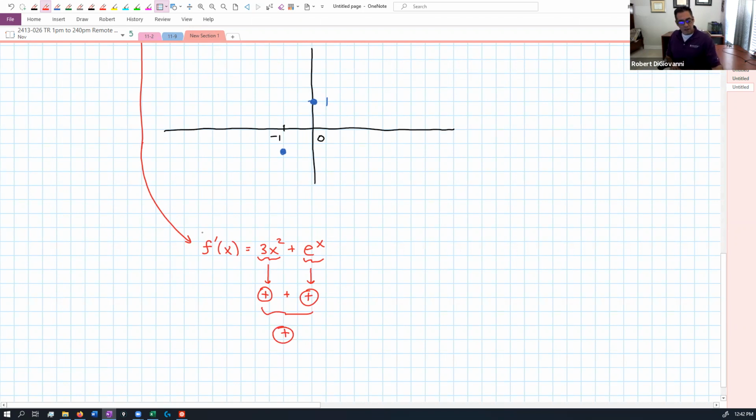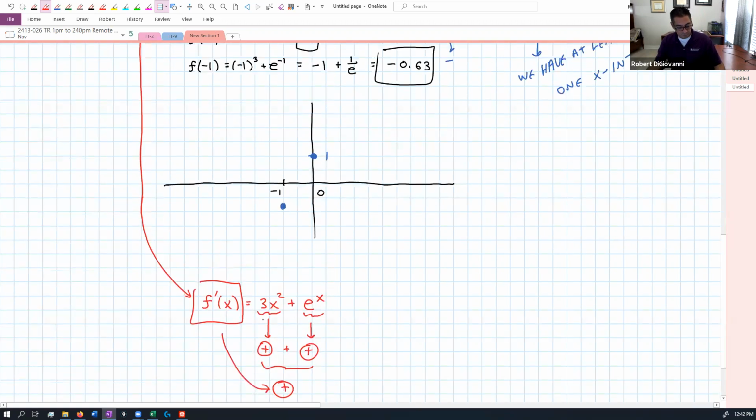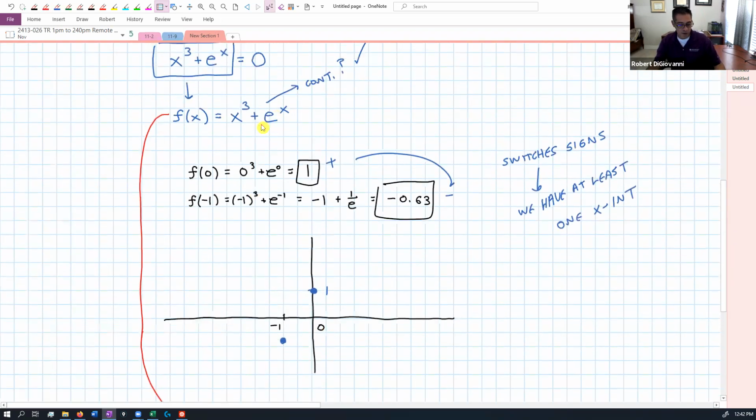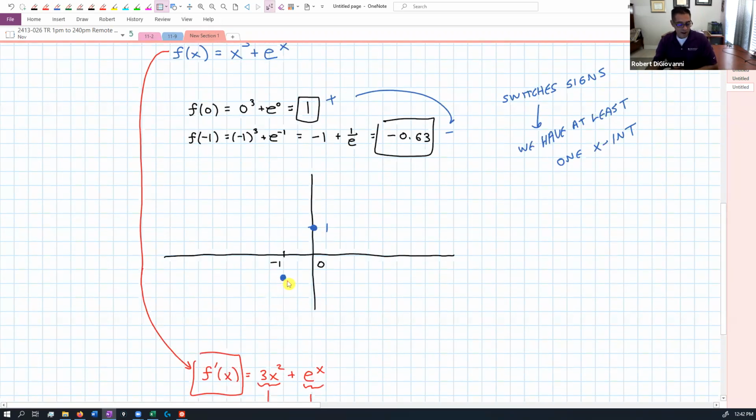If the derivative of something is positive, that means the function's going up, because if the tangent line is always positive, the function has to be increasing. So when you draw this function, it always goes up. If I have to get from this point to this point, and I always have to go up, it would be impossible for me to go up and then come back down across and go back up.